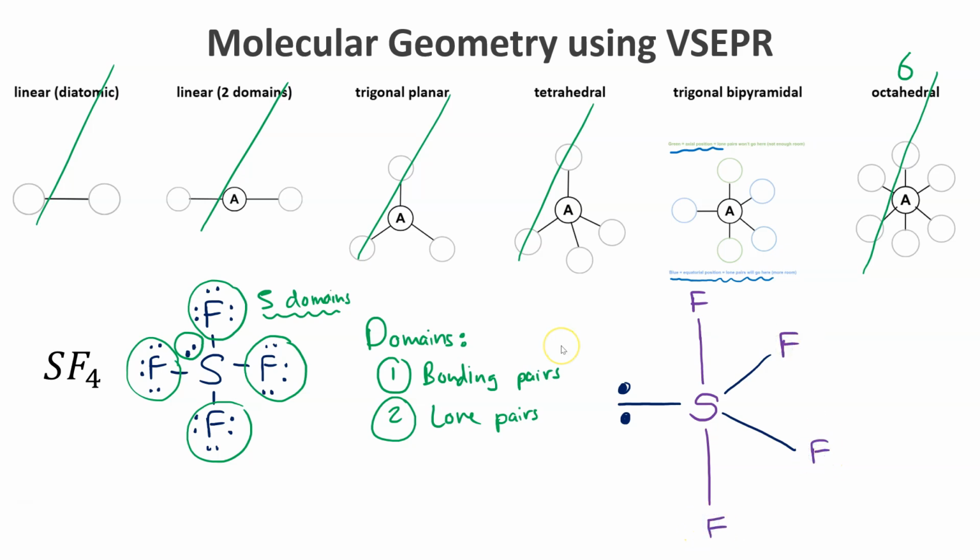And now that I've got this sketched out, the whole idea of being able to draw is that it's a little bit easier to see the shape that we have just drawn out. This particular VSEPR shape is one called seesaw, because it looks like if you sat on this fluorine and this fluorine, if this was like a playground toy, it might actually rock back and forth like a seesaw.